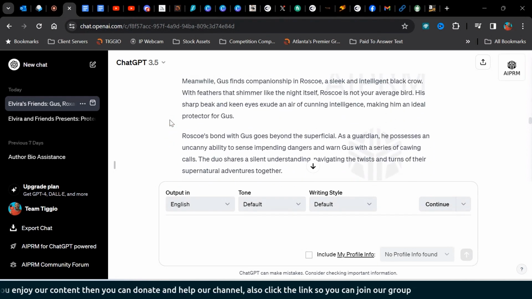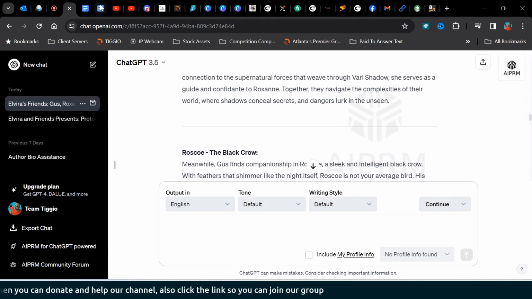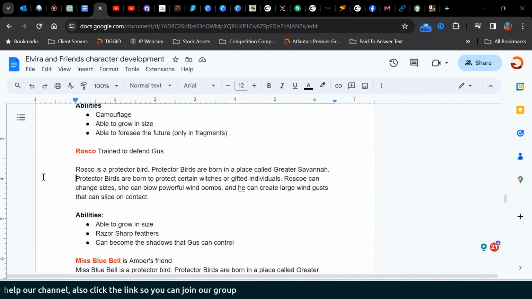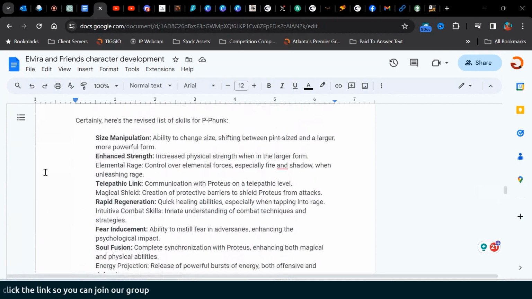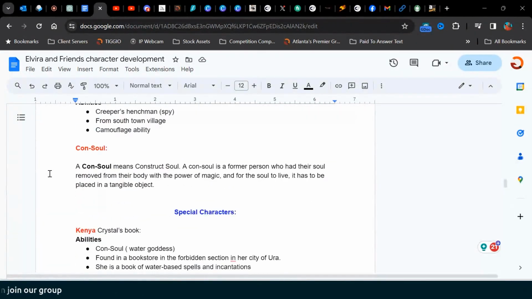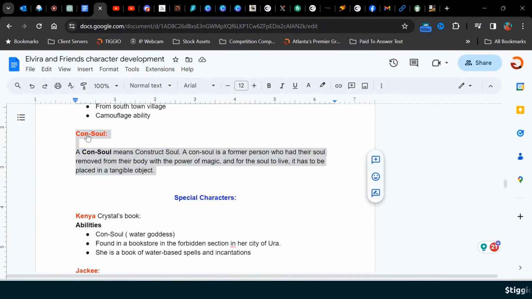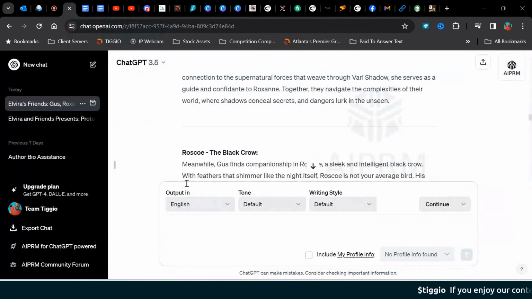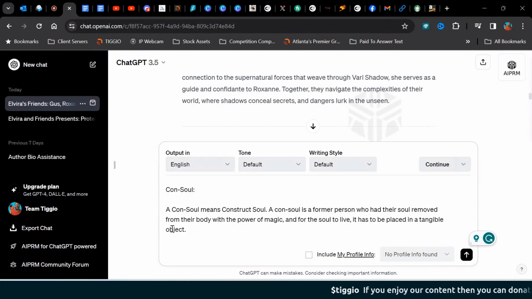So it's going to be things that you have to clean up, but let's go ahead and keep listing some of the characters that will appear in this story. And the next story is something that I wrote, and this is called a console. A console means construct soul.